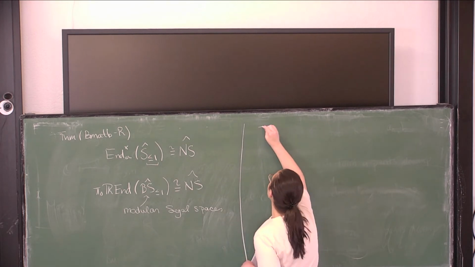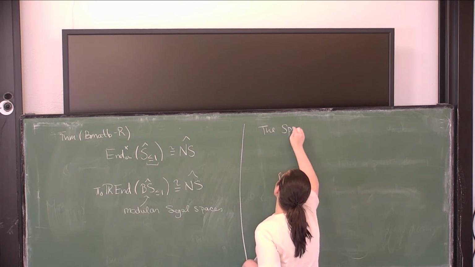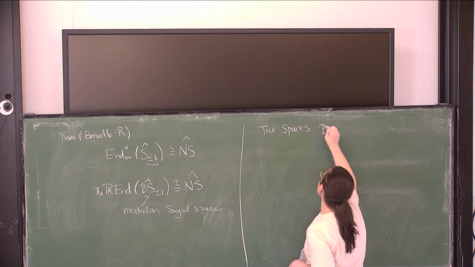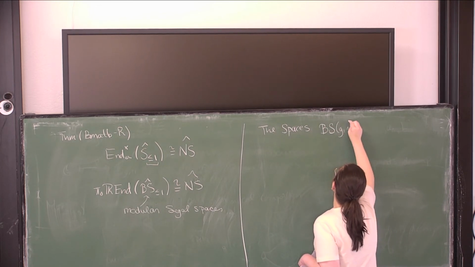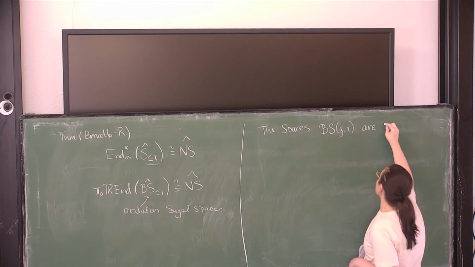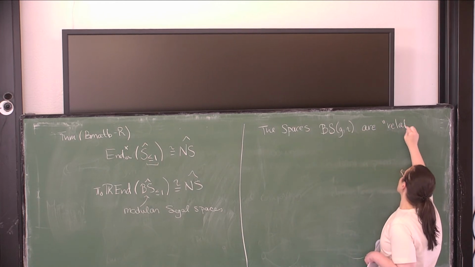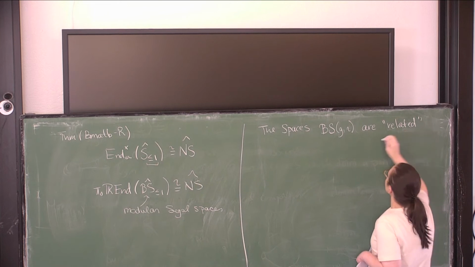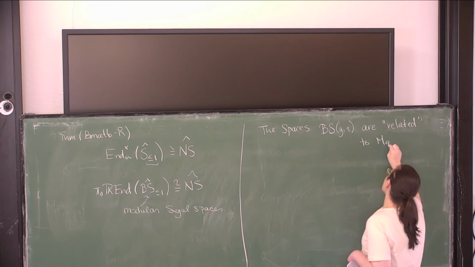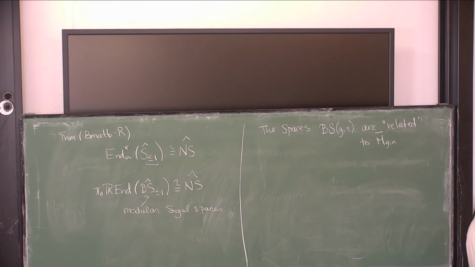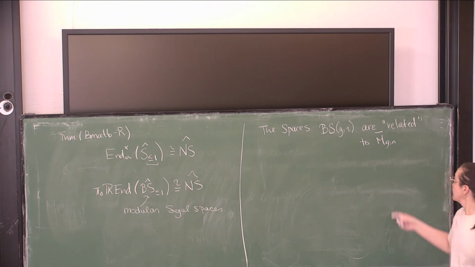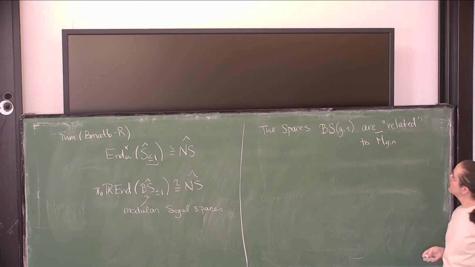So the spaces, these classifying spaces, are related to the Deligne-Mumford compactification of the moduli space of genus g curves with n boundaries.